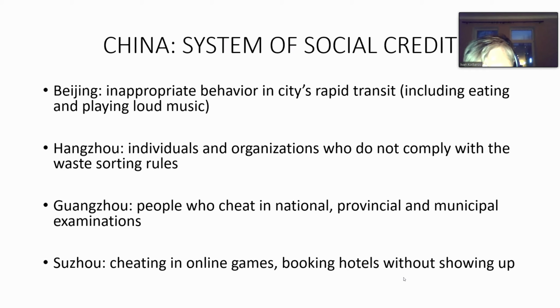So if you are a cheater, in this case, your social rating will be decreased. And okay, probably the most funny point in Suzhou, cheating in online games. So if you cheat in online games, okay, you are not a socially reliable person, your social credit will be reduced. And booking hotels without showing up.